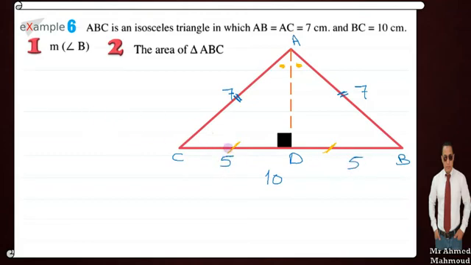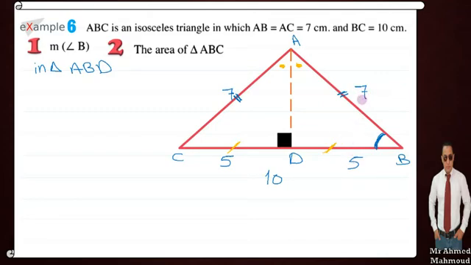Now I need to find the measure of angle B. In triangle ABD, I choose the right-angled triangle ABD. For angle B, we have 5, which is adjacent, and 7, which is the hypotenuse.